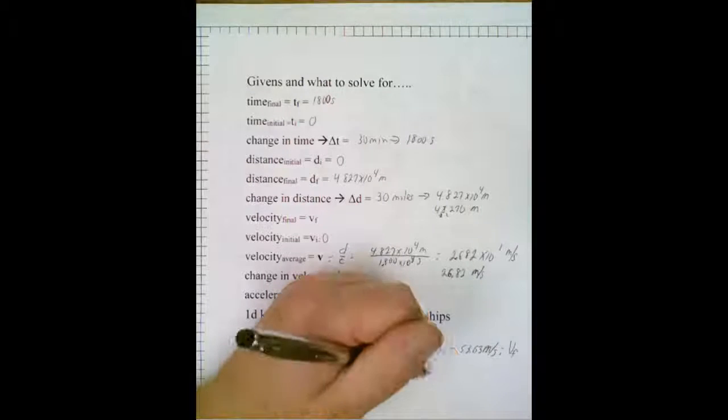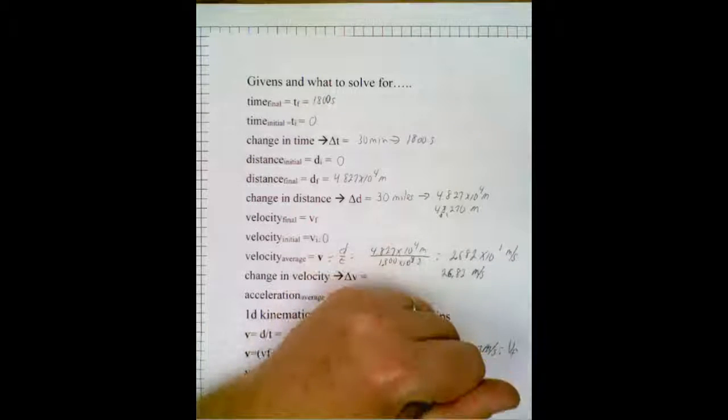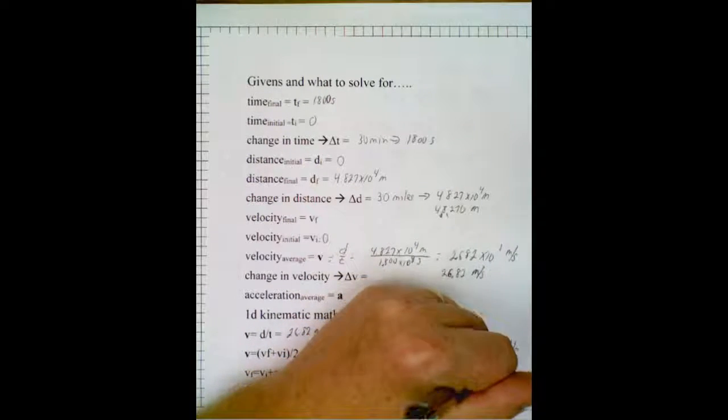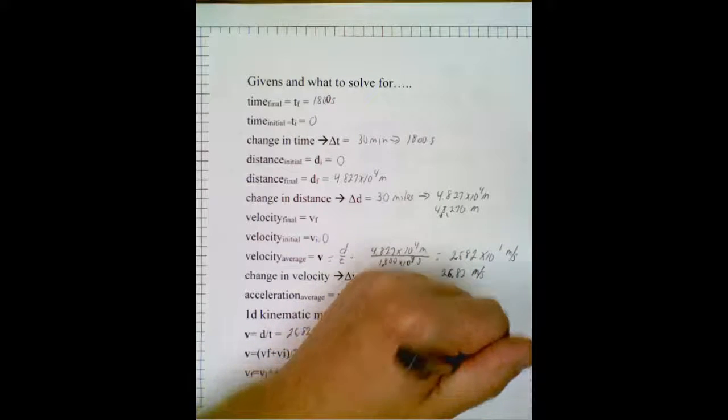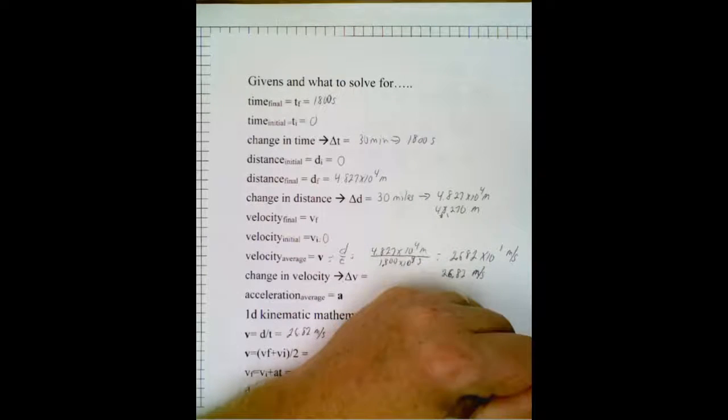So 53.63 divided by 1800 equals 0.0297 meters per second squared.